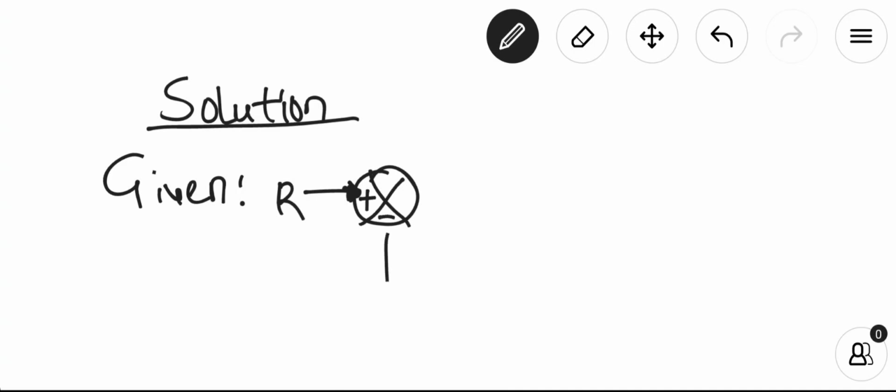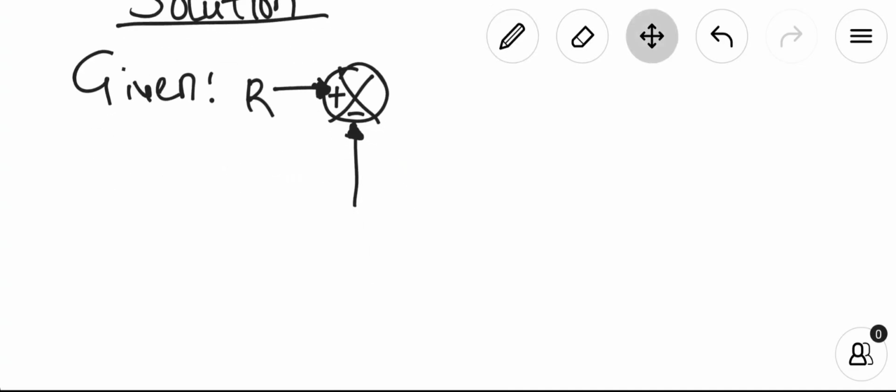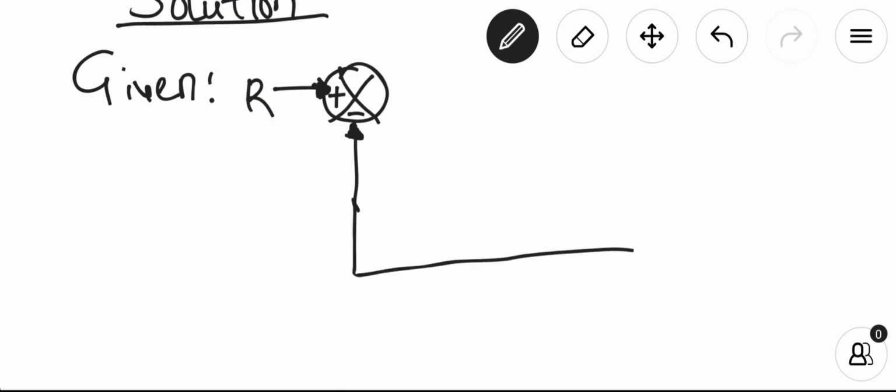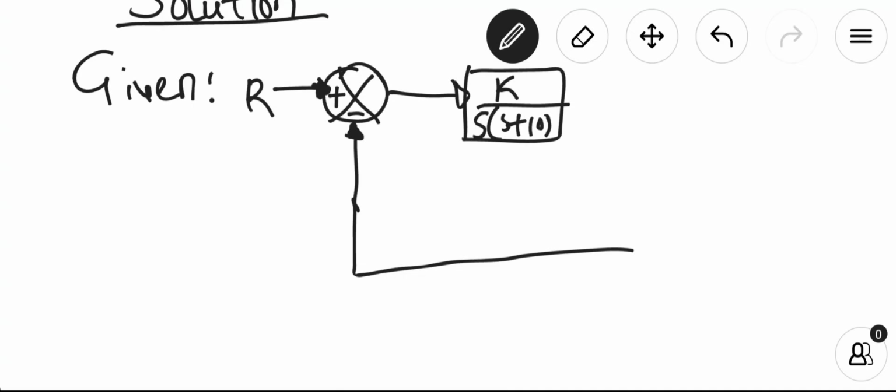For questions like this, your summing points will look like this, and have these signs. So plus, 10.